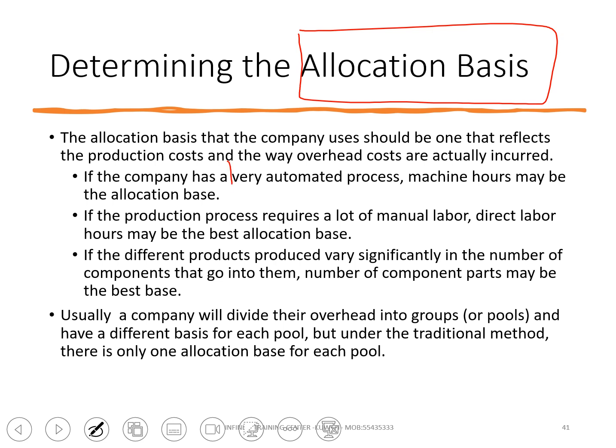We have an example here. If the company has a very automated process, then you can take machine hours as the allocation base. Whereas if the company is using a lot of labor and the cost is incurred based on how many laborers you have, then you can take direct labor hours to divide the cost related to human resources, because in this case you are not using many machine hours.